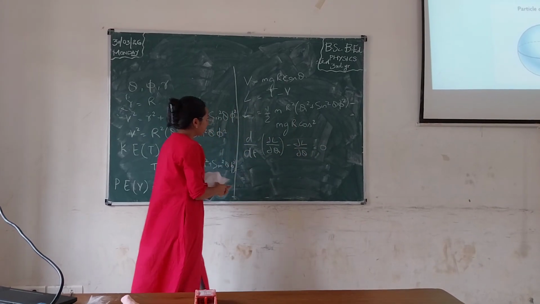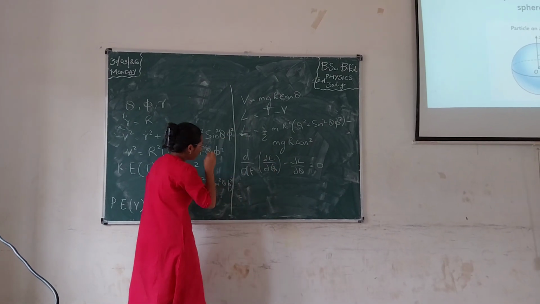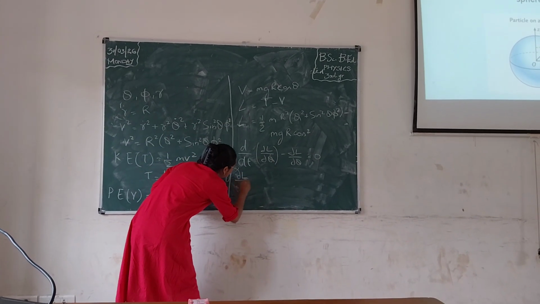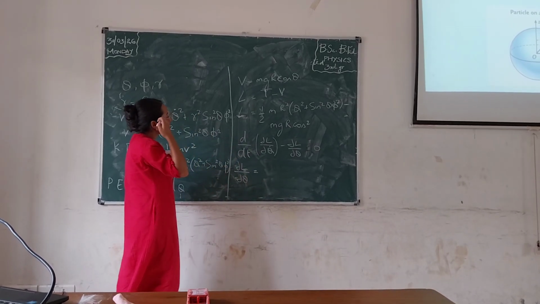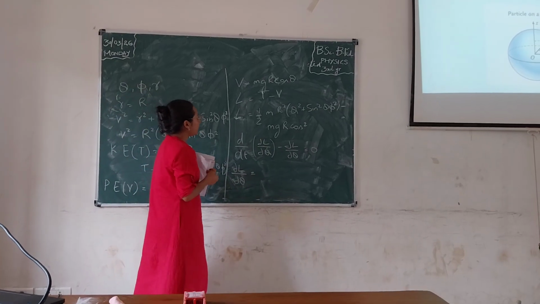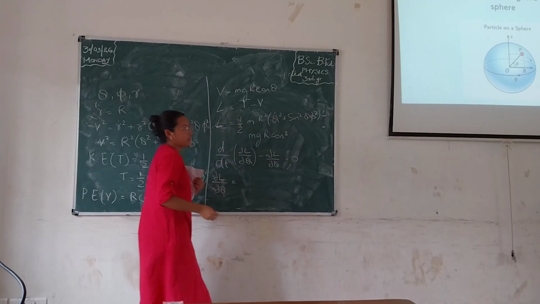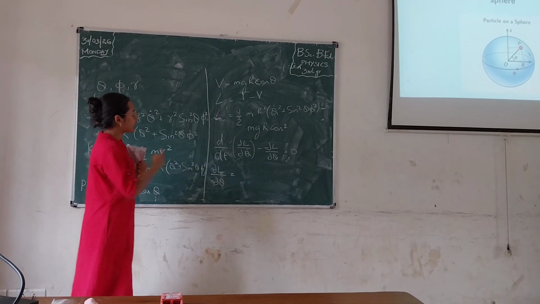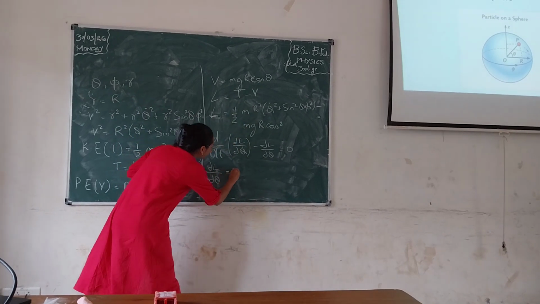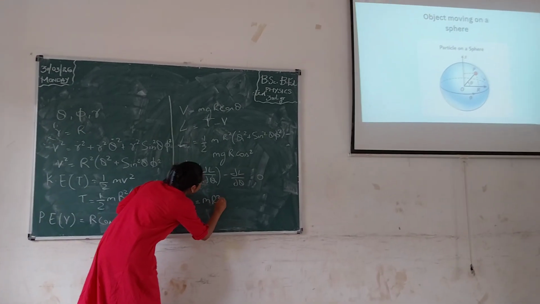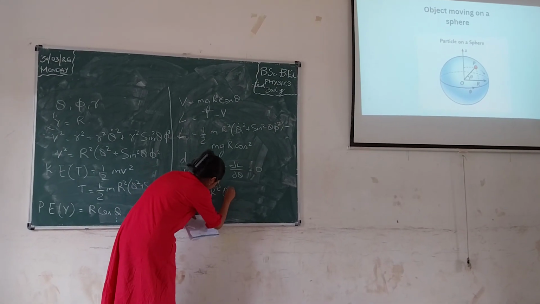So we'll differentiate L first with respect to the velocity theta dot, that is dou L by dou theta dot is equal to, in this equation, theta dot is only in the first term of T. So we'll take only the first term of T. Here the 2 will be cancelled, so it will be m r square theta dot.